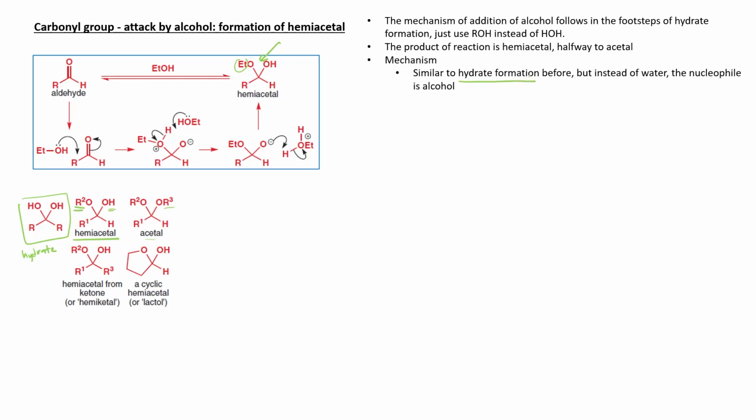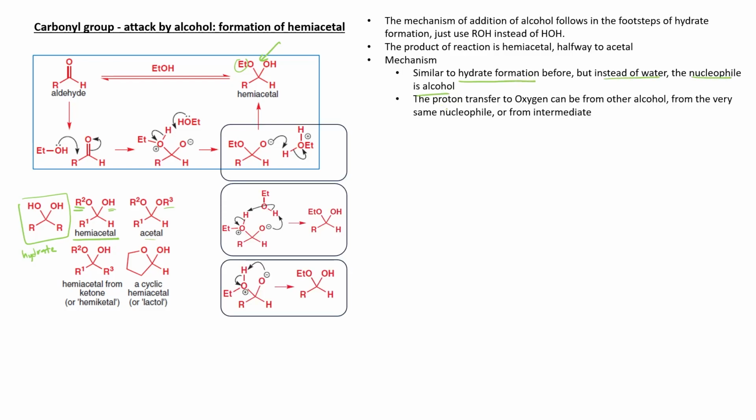Okay, mechanism. Let's talk about the mechanism. It's similar to hydrate formation that we have learned before, but instead of water, the nucleophile is alcohol. Let's focus on how they get the proton. Previously with water it was easy because it just takes from the water. But now, this oxyanion will take the proton from another ethanol, so another alcohol.